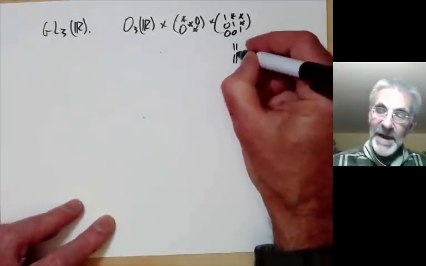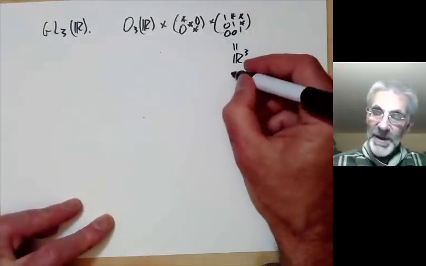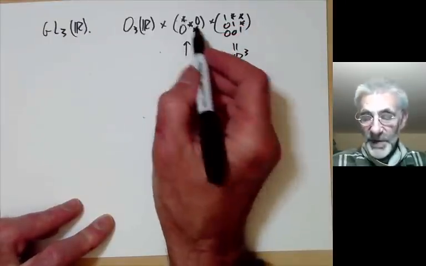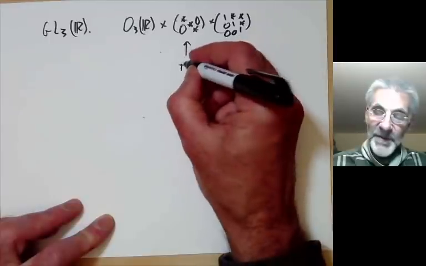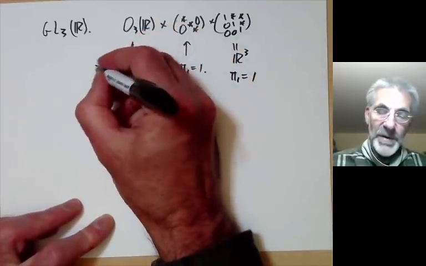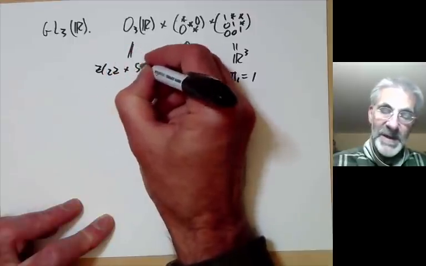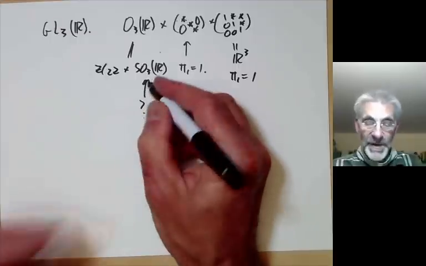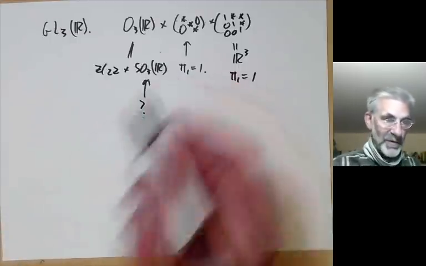And this is just isomorphic to R^3, which has fundamental group trivial, and this is isomorphic to a product of 3 copies of the positive reals, which is fundamental group trivial, and this is isomorphic to a group of order 2 times the special orthogonal group over the reals. So we need to know what is the fundamental group of the special orthogonal group.